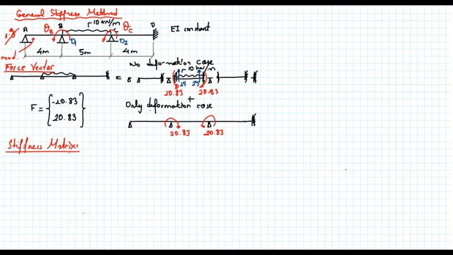So case 1: d1, which is our rotation, is equal to 1, and d2 is equal to 0.